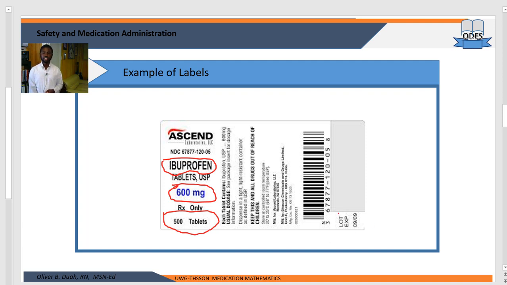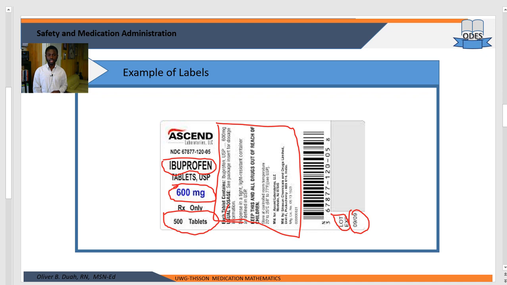The expiration date and lot numbers are going to be found at this section, and then you are going to find the manufacture date. You are also going to find all the storage instructions on this section of the drug label.